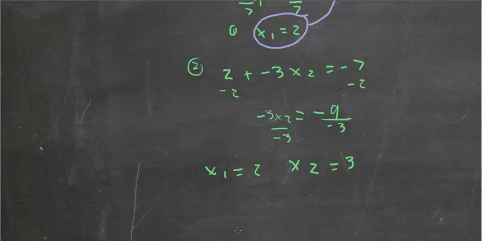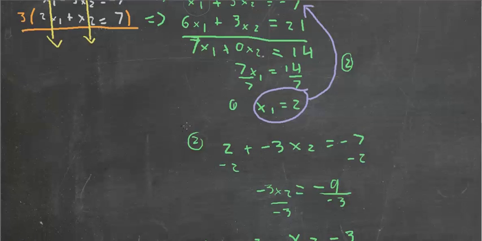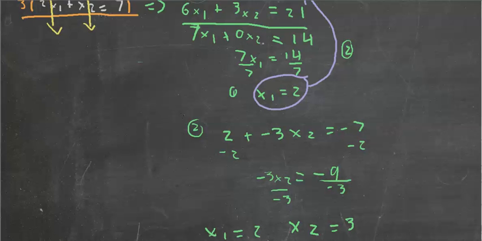Now, I'm going to give you a general second sort of equation where we have three unknowns, but you're going to end up with the same solution. So what do I mean by that? Well, let's say I have 8x1 minus 3x2 equals 7.